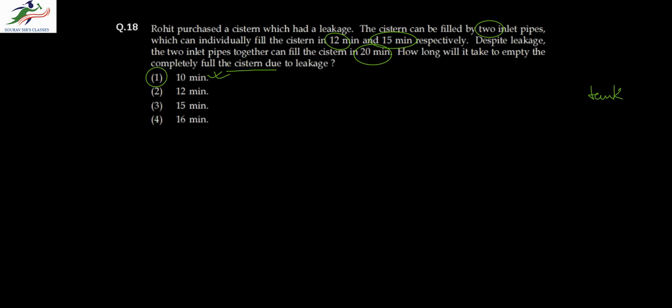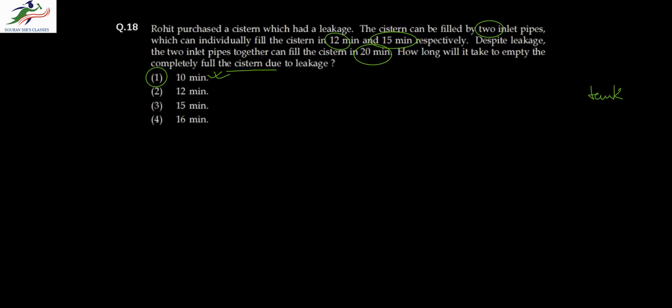So you can straight away understand that 3/20th of the tank is filled in 1 minute. So in 20 minutes, thrice the volume of the tank will be filled by these two pipes, and we are seeing that only one volume of the tank is remaining. So hence twice the volume of the tank is being taken out by the leakage, and therefore it is taking out twice the volume in 20 minutes, so one volume in 10 minutes. So that's pure logic.